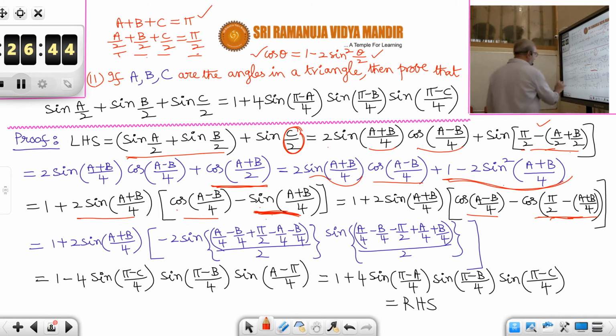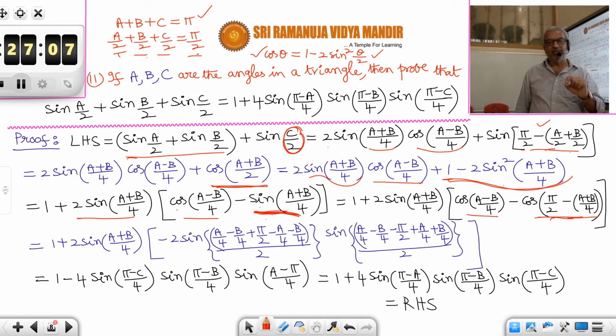So 1 plus 2 sin (a plus b by 4). Now what is the formula for cos c minus cos d? This is a very important formula. Cos c minus cos d is equal to minus 2 sin (c plus d by 2) sin (c minus d by 2). It is the only formula where you get a minus sign.